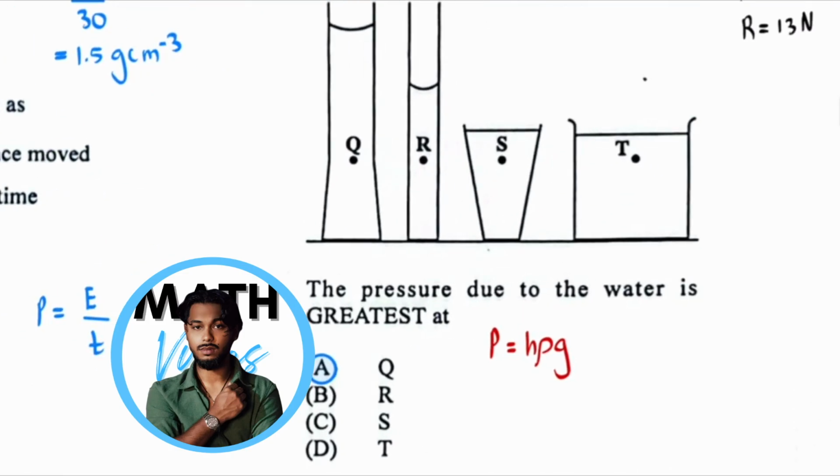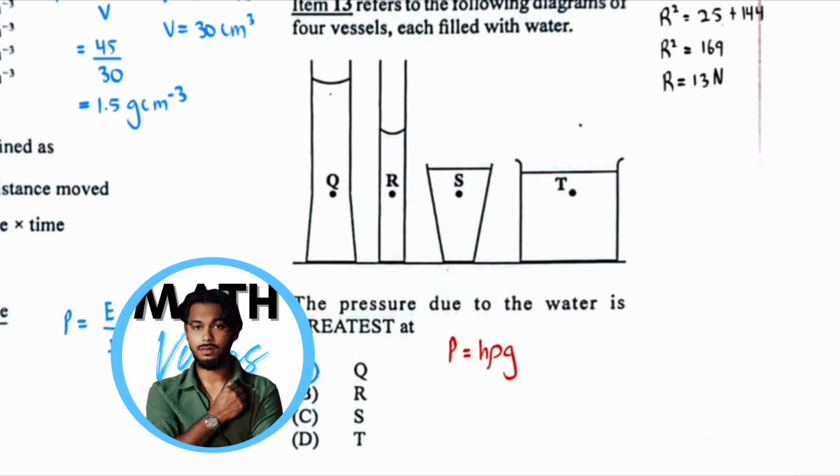But basically, if I increase height and keep everything else constant, my pressure is going to increase, right? And so the greatest height here is in this specific example. Because if I draw the other heights, you'll realize that in this instance, the height from the top of the fluid to the point Q is the greatest. So the pressure is going to be the greatest at point Q.